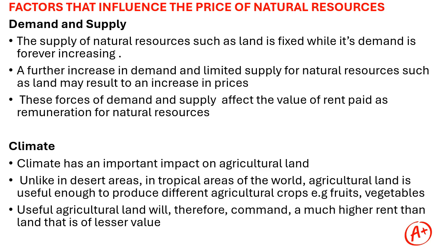The land that nature has provided us cannot be extended. Are we still together? Yes, so the supply of a natural resource such as land is fixed while its demand is forever increasing. Guys, remember that as much as the land is fixed, many people are still demanding land.